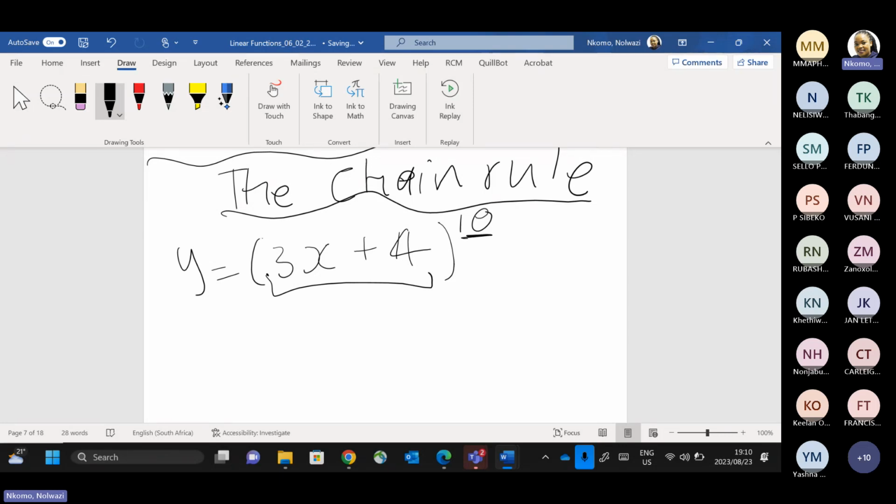Meaning we have an inner function and an outer function. A function like this is called a composite function, or a function of a function.